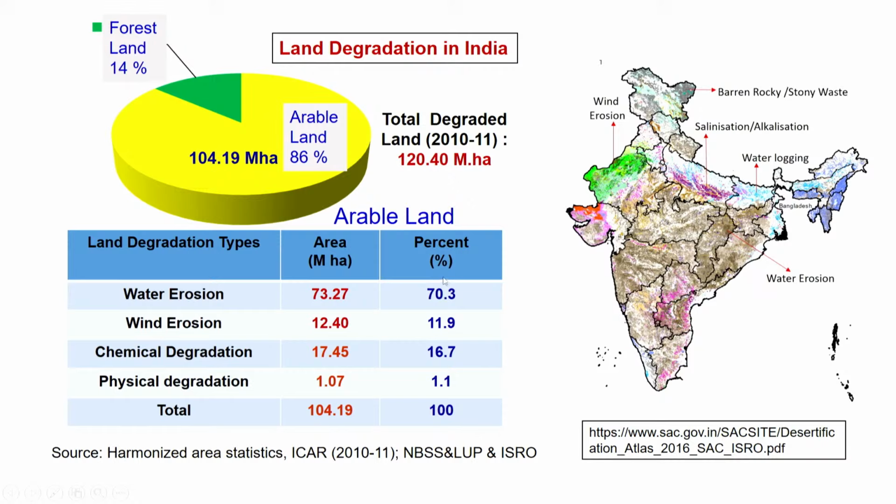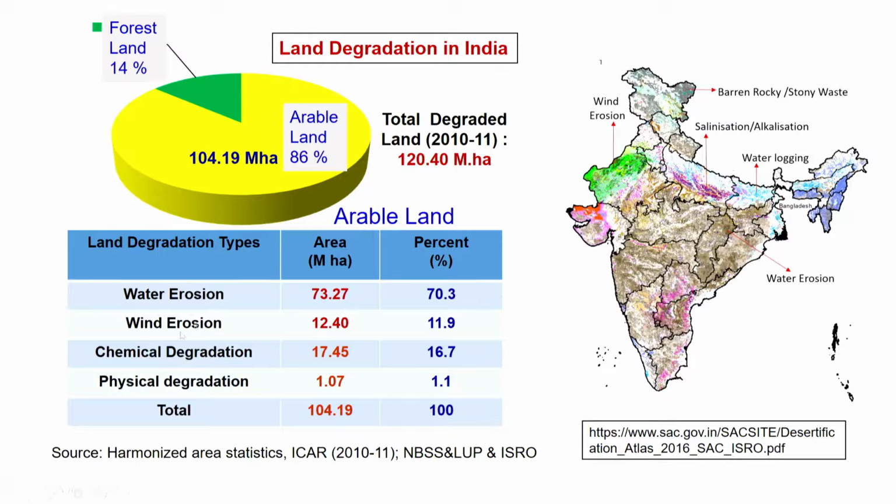Wind erosion in the arid region of western India affects 12% of the area, 16% is affected by chemical degradation, that is salt affected soils, salinity or alkalinity, and 1% is physical degradation, like mining areas, which is a deformation of the surface.